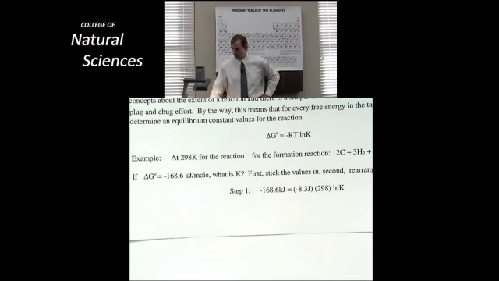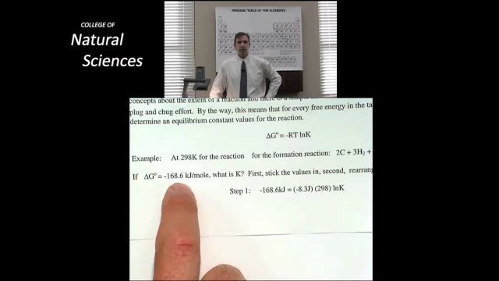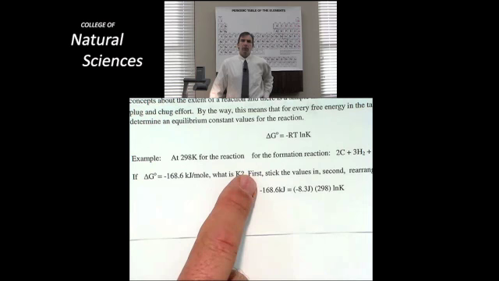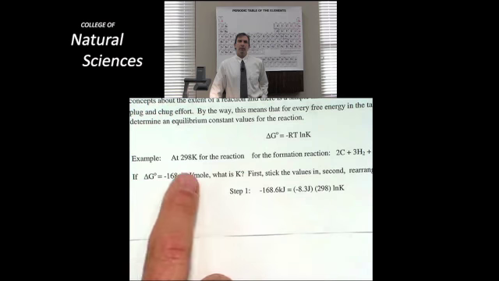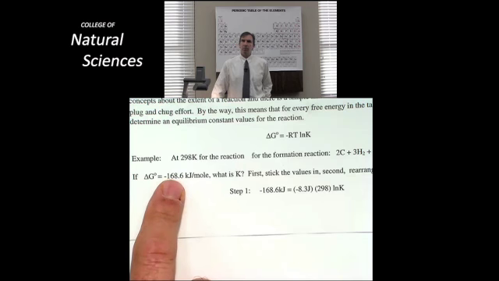So here we go. The free energy of a particular reaction is minus 170 or so kilojoules per mole. I want to know what K is. Now, before we start this, we have to predict what we think this is going to be. First of all, I know that because delta G is negative, this reaction is spontaneous. It means it's going to shift to the right.